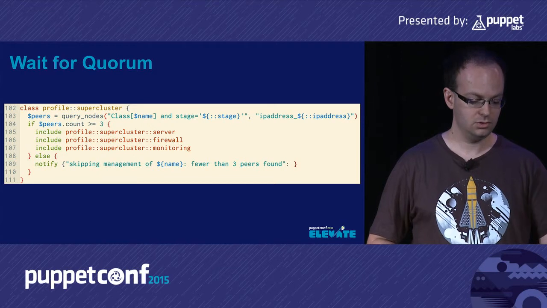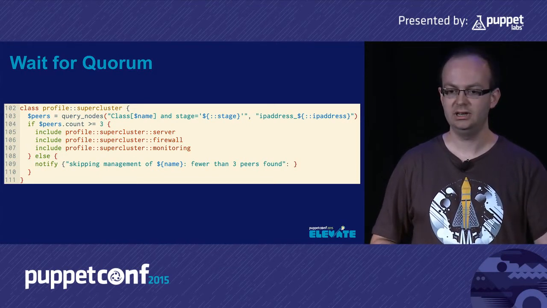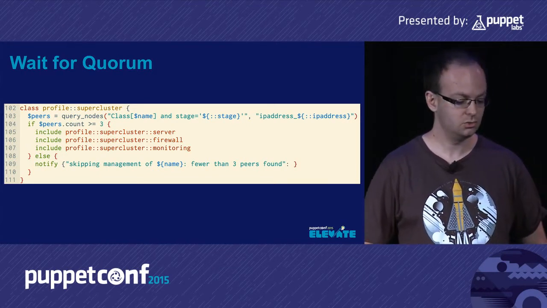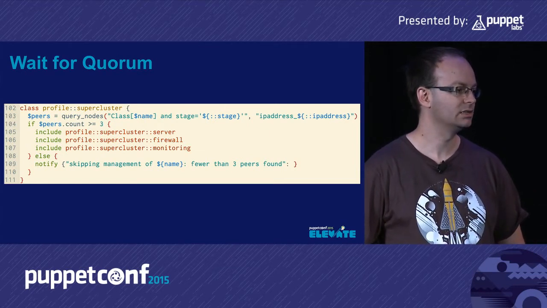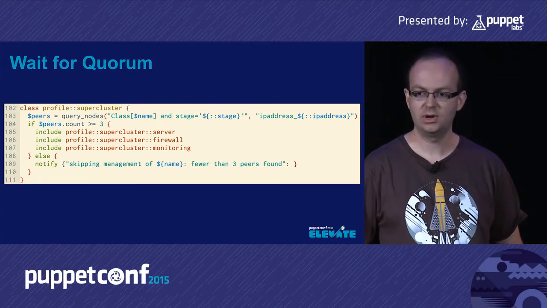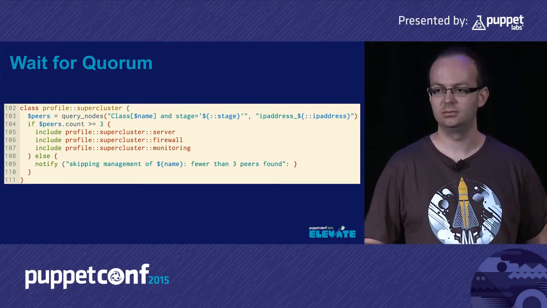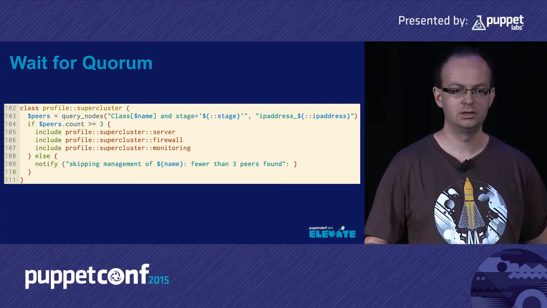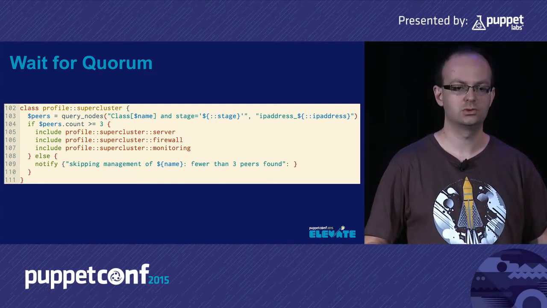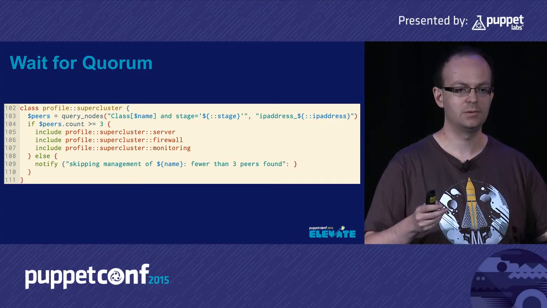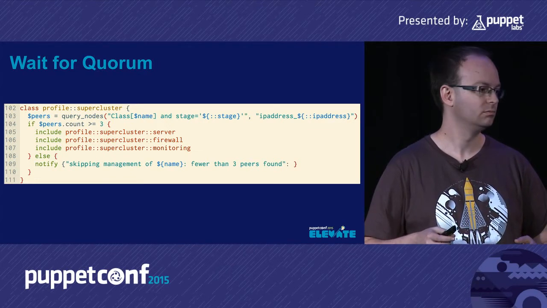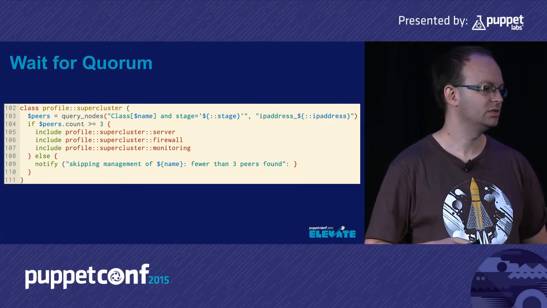So you just do a PDB query, and you look for what other nodes exist that are classified the same way. And if you haven't reached your quorum yet, you don't bail, because then you can't bootstrap. You just don't manage those resources. And then once your quorum of nodes is up, they all get configured at the same time.